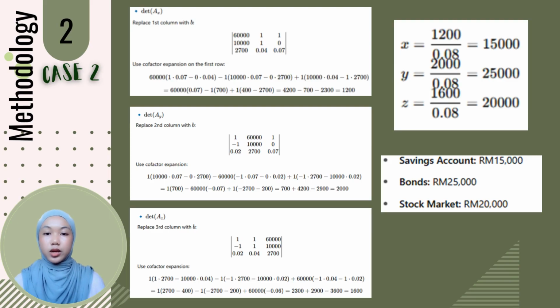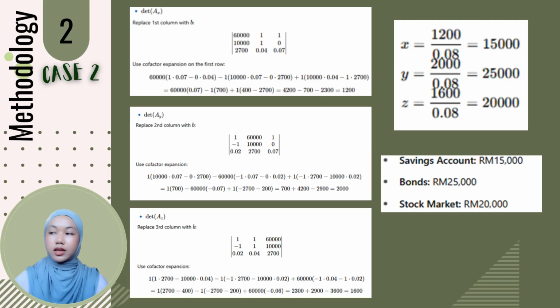To calculate X, X is determinant AX over determinant A, and it became 1,200 over 0.08, which equals 15,000. For Y, we use the same formula, but we replace determinant AX with AY, and it became 2,000 over 0.08 equals 25,000.